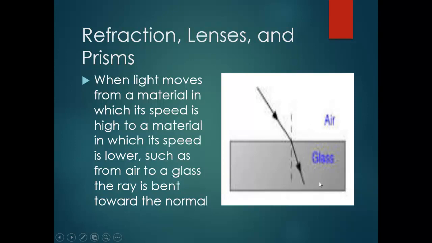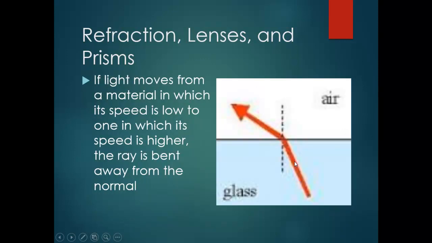The speed of light is different in air and glass, so it makes the light ray bend toward the normal. If light moves from a material in which its speed is low to one in which its speed is high, the ray is bent away from the normal. So the speed of light here is more than here, and the light bends away from the normal.